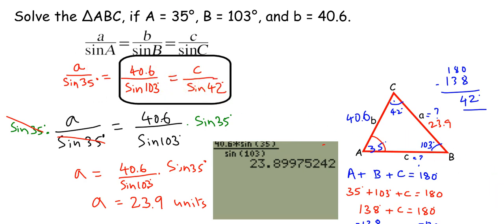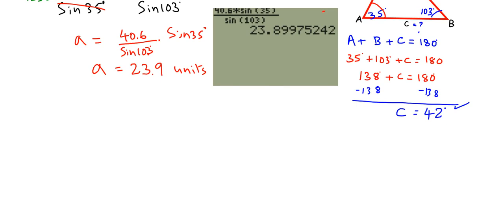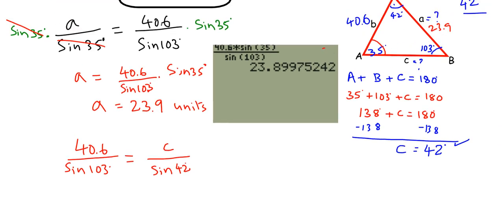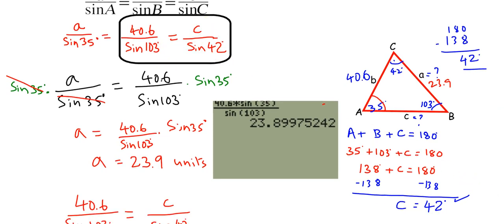That is 40.6 over sine 103 degrees is equal to, you are looking for C over sine C. The C value is 42 degrees. Let us just double check. Yeah, 40.6 over sine 103 is equal to C over sine 42.